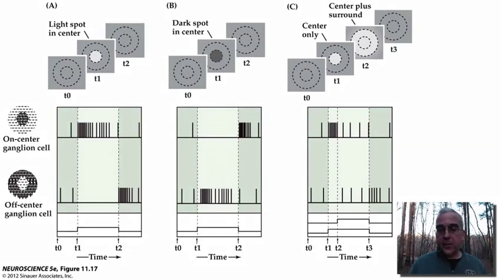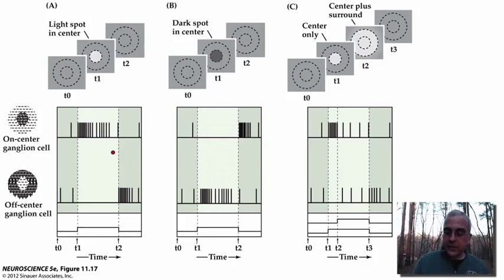One additional point about receptive fields for ganglion cells in the retina is that they also bear the center surround structure that we saw in the somatic sensory system. That is, there is a central region that is especially sensitive to changes in luminance, and then there's a surrounding region that has an antagonistic relationship with the center.